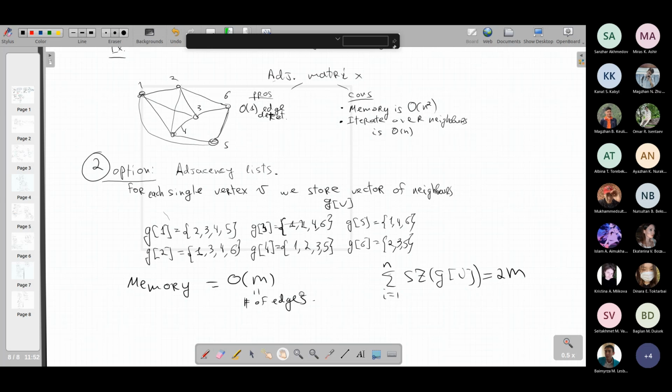Because it's an undirected graph, so each vertex should save each other.